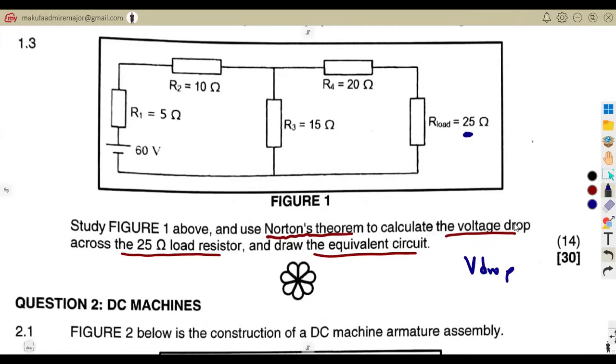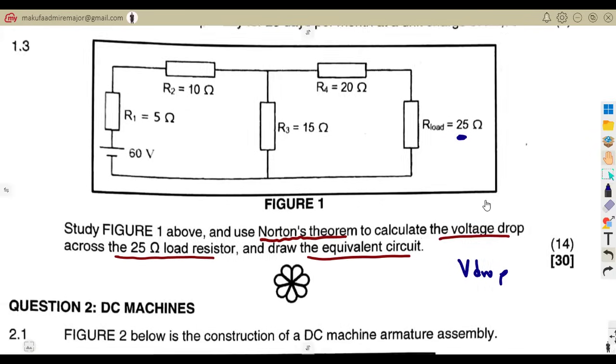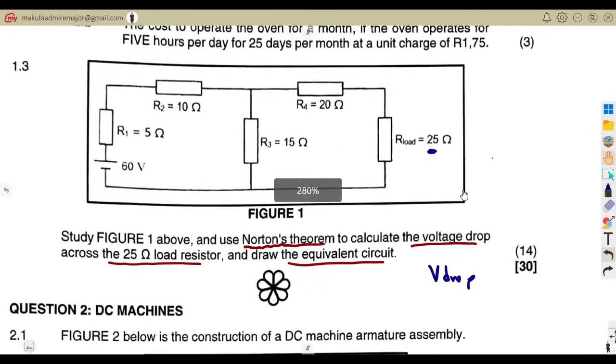Remember your Norton's theorem, just similar to your Thevenin in N2.